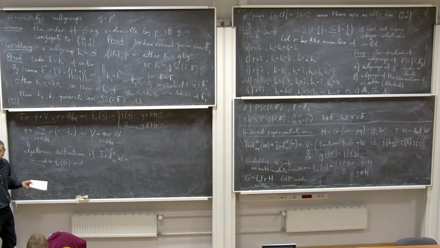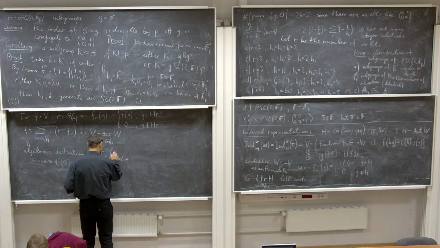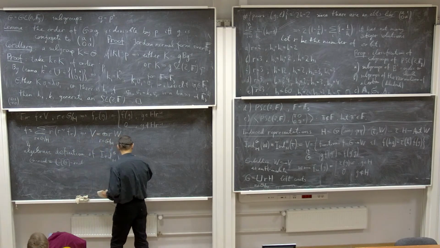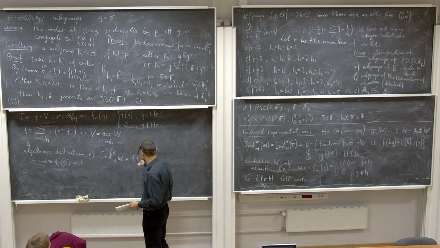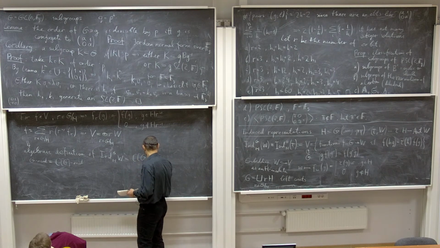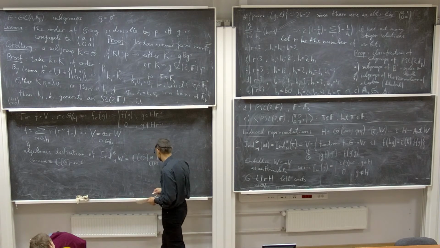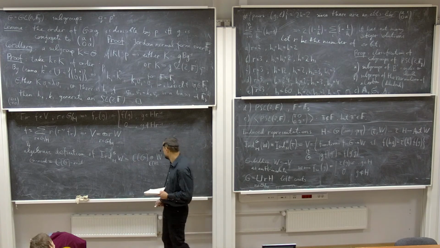Do you know this? Yeah. So then, in terms of group algebras, you just take the group algebra of G, and it is acted upon by the group algebra of H, both on the left and on the right. And so we can tensor over the group algebra of H with this W to obtain V. Okay.